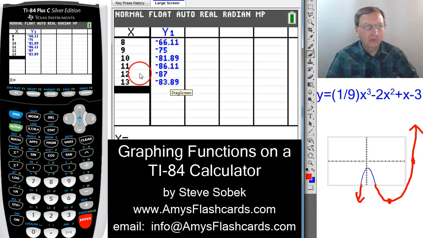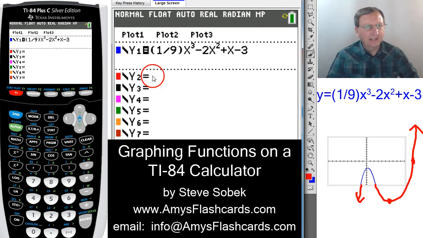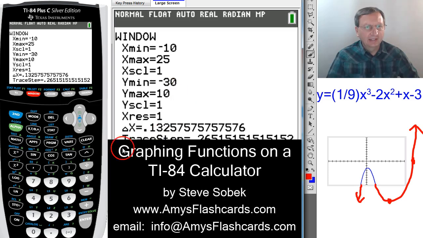So from very quick, rapid-fire substitutions, using the table feature clued us in as to how low that function is going to go, and thus how low we need to set for y minimum. Negative 90 seems like a good value. All right, so let's hit the window button and toggle down to y min.